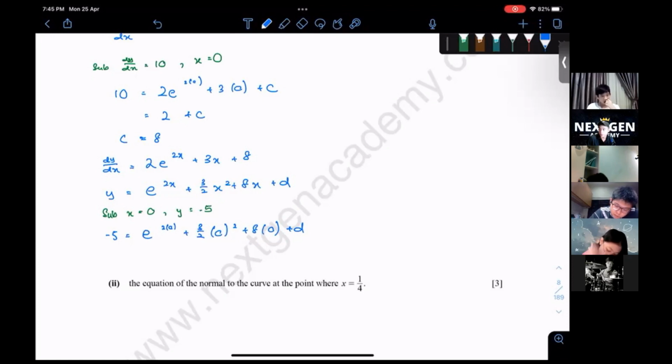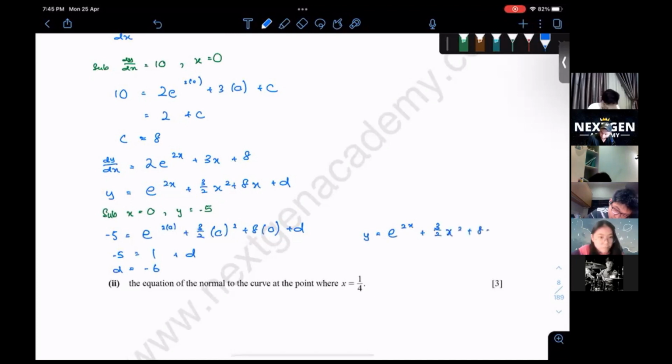That is one of the common mistakes. So here it will be 1, then the rest all will be 0. So 1 plus d equals -5, d will be -6, which leads to your final answer: y equals e to the power of 2x plus 3 over 2x squared plus 8x minus 6. There you got your answer.